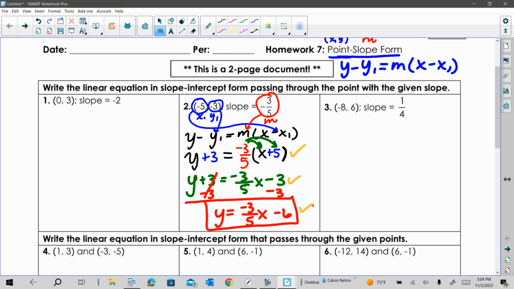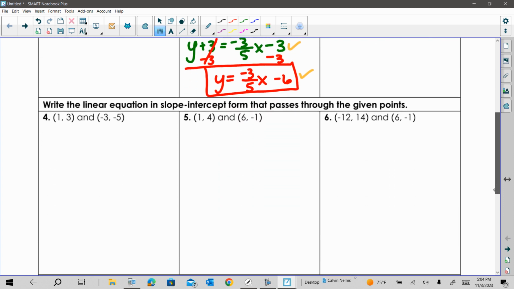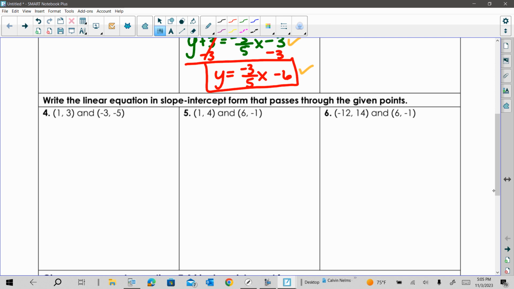But when you get to 4 through 6, we need the slope, so we need to first find it. To find m, the slope, use the slope formula: y2 minus y1 over x2 minus x1.